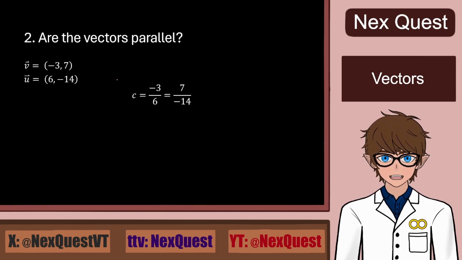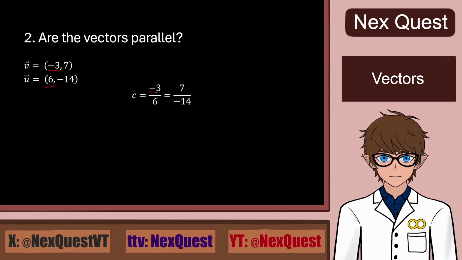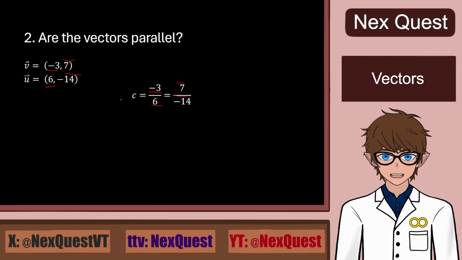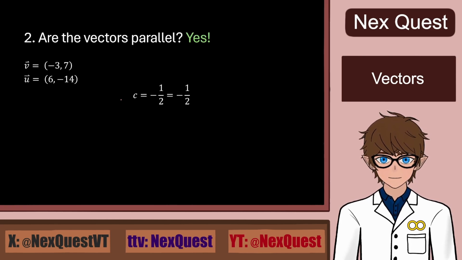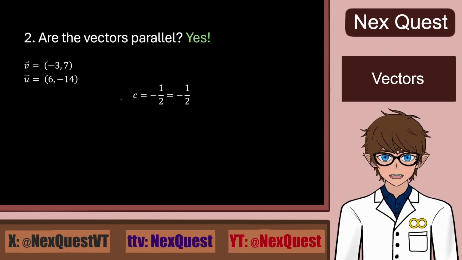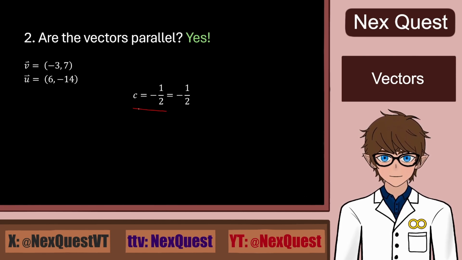First the x coordinates are on the left, and then on the right we have the y coordinates. And now we're just going to cancel out some stuff. We get minus 1/2 in the first fraction, and we get that in the second one, meaning that the number does indeed exist, meaning that the vectors are parallel, or to be precise, anti-parallel. It depends on the definition, but yes, the answer is yes.